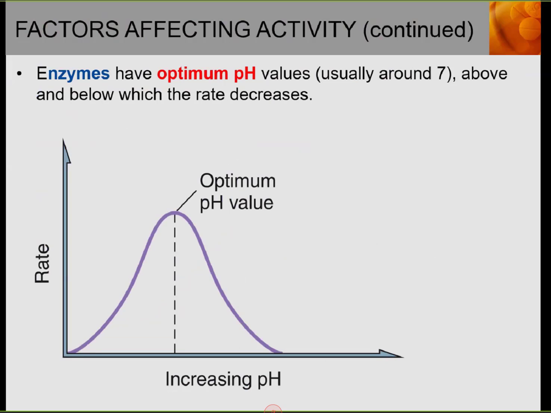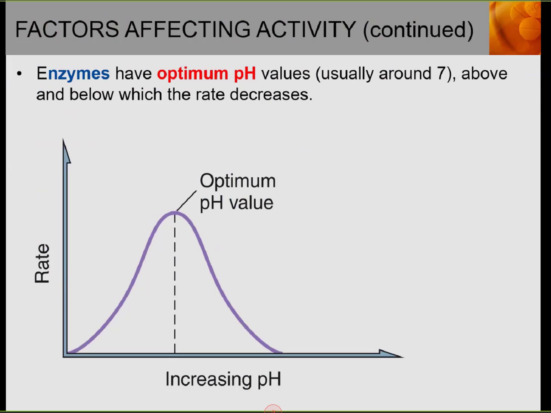And pH. Again, we saw before with proteins that you can denature a protein just as you can make an enzyme not react at all by changing the pH. The best pH is around 7, but in the gut of a human, for example, it's very acidic. So enzymes that work there for digestion typically work on the acid side of pH 7.